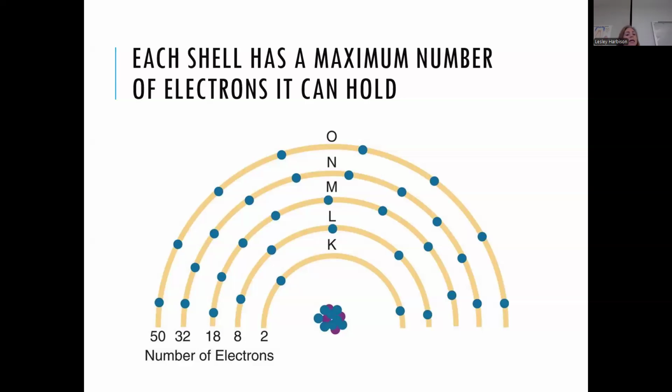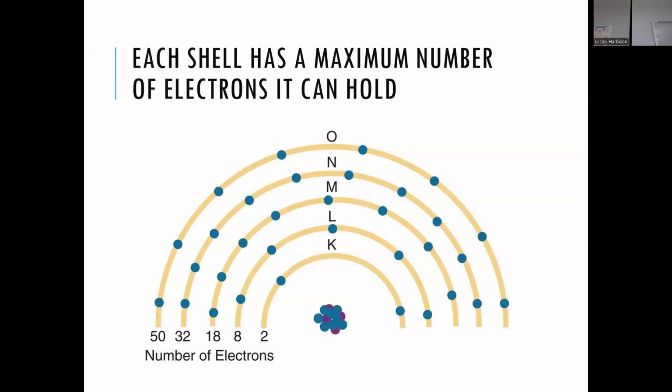Okay, so slide 6: each shell has a maximum number of electrons it can hold. I kind of already said that, and that's just some basics. The main shell we're going to refer to is the inner shell, K. That's one that we talk about a lot. And then we also talk about outer shells.